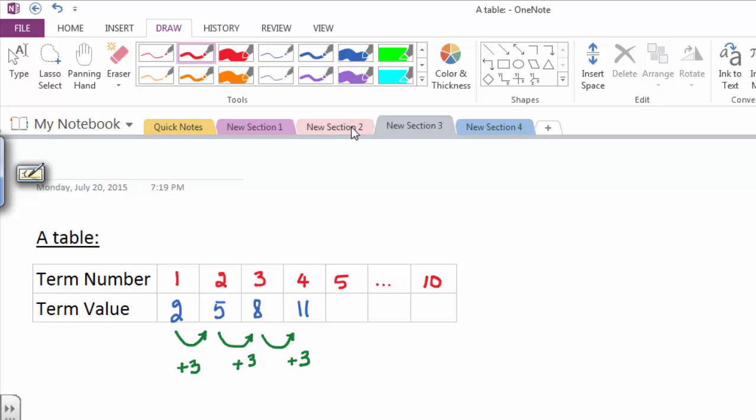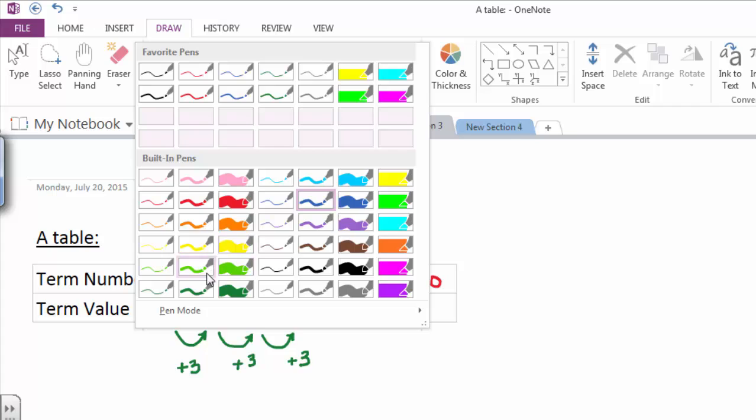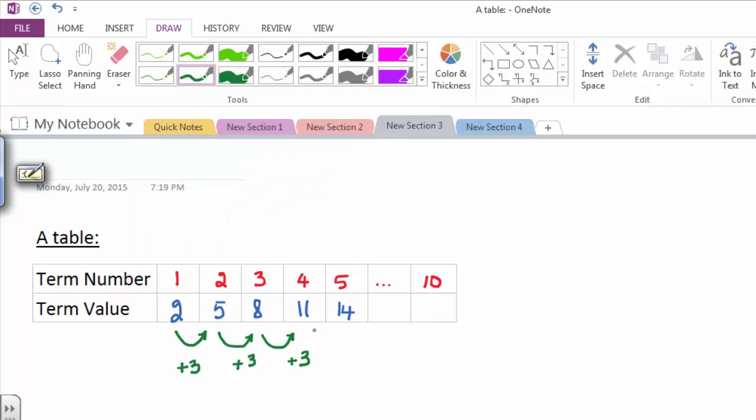So in this case, I have to calculate. If I have 11 for term 5, I'm going to add 3, so it's going to be 14. So this is the way. If I need to know the number, all I have to do is increase the previous number by 3. So now for 6, it's going to be 17.